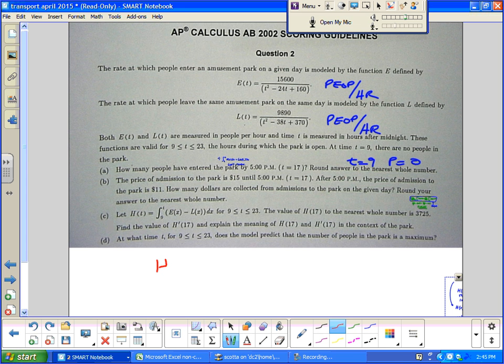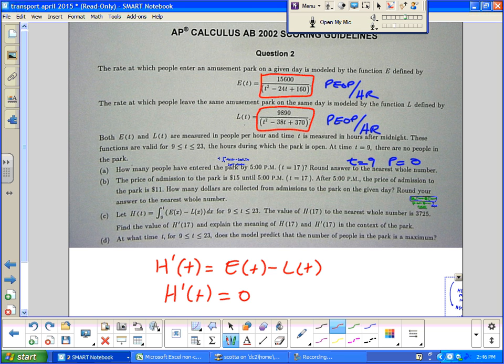So h prime of t equals e of t minus L of t. I want to set h prime of t equal to 0. This is a disaster in your calculator. You need to enter the entire quantity minus the entire quantity equals 0 in your solver on the TI-84.